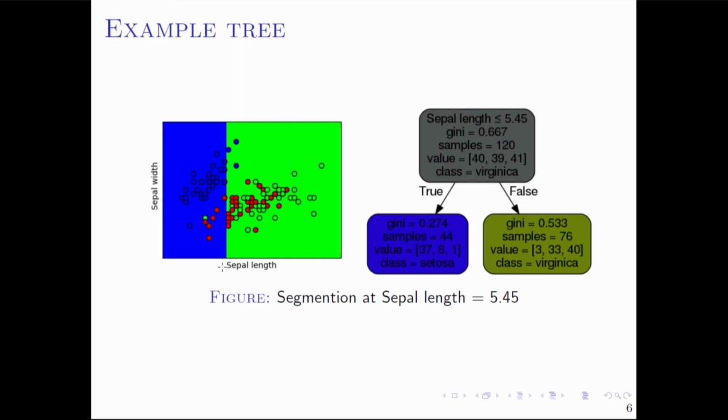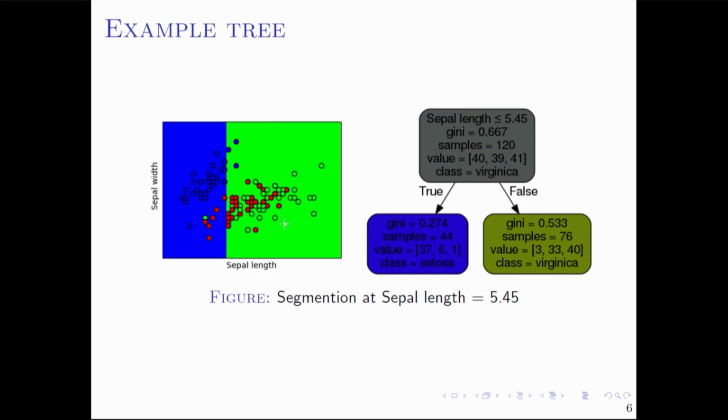So if we have some points here, according to the majority vote of that node of the training samples, we can say this is more setosa. If you have some point here, then you know it's not setosa because this region has only 3 samples from setosa.